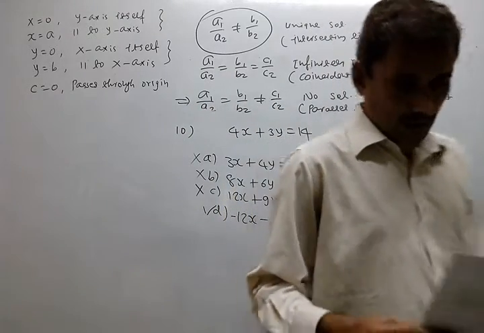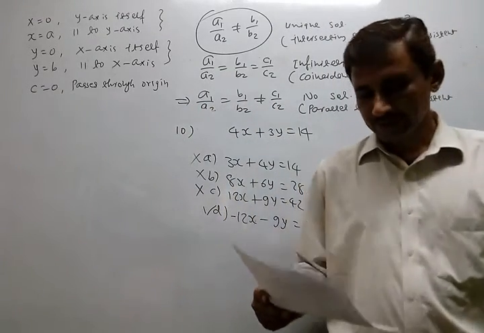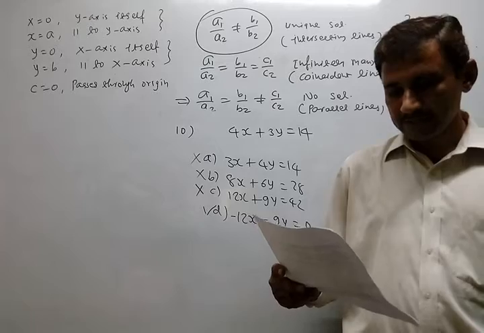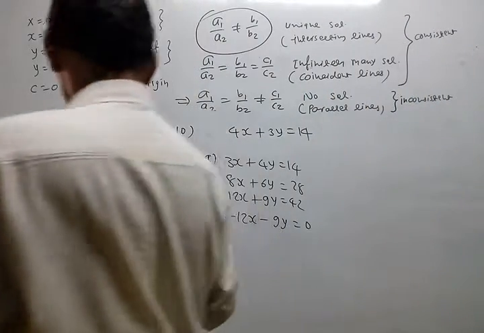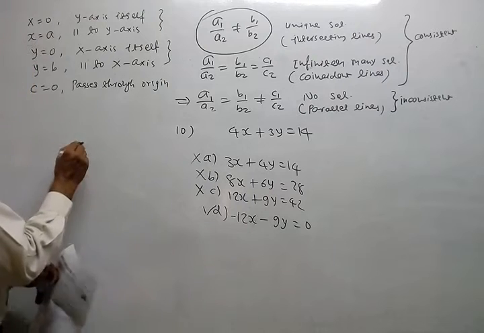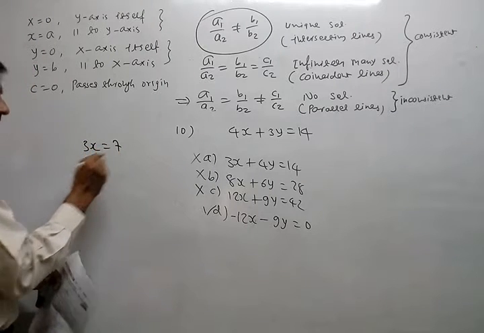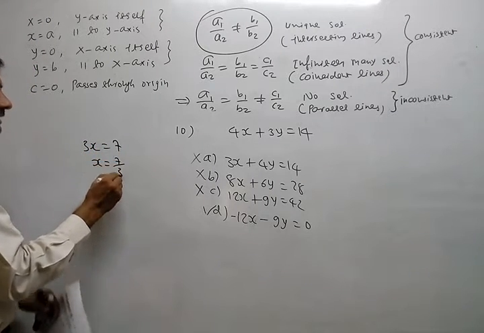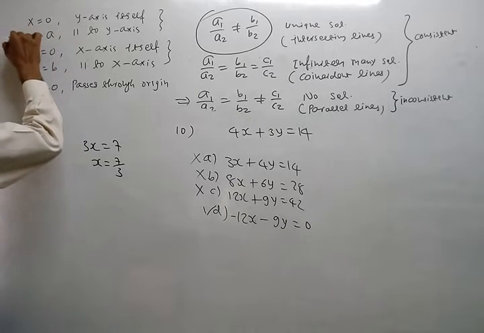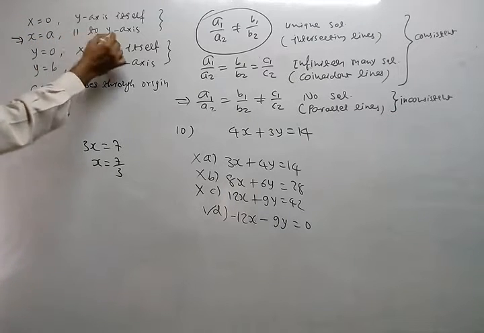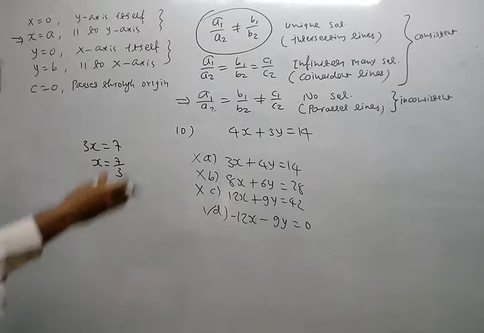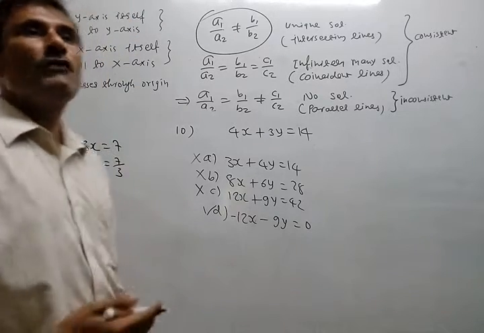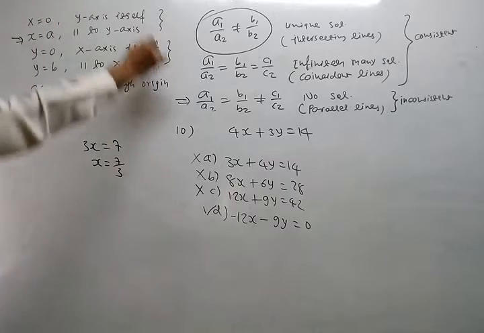Okay, now true false. 16. The graph of 3x equal to 7 is a line parallel to the x-axis. We are given 3x equal to 7, which means x equal to 7 by 3. If x equal to something, then the line is parallel to the y-axis. X constant is possible whenever the line is parallel to the y-axis. Just remember everything.